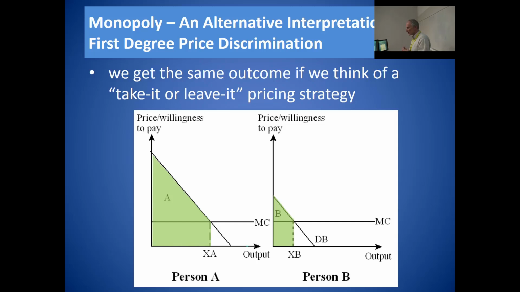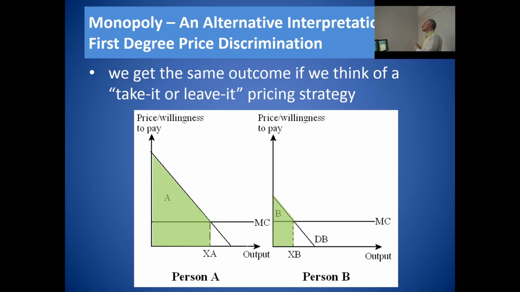But the monopolist, the town doctor, is able to identify these two groups of customers and charges them a price related to their ability or willingness to pay. In doing so, the doctor is able to extract all possible surplus from the market. That is perfect or first-degree price discrimination.